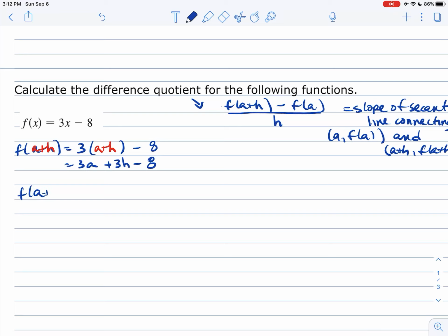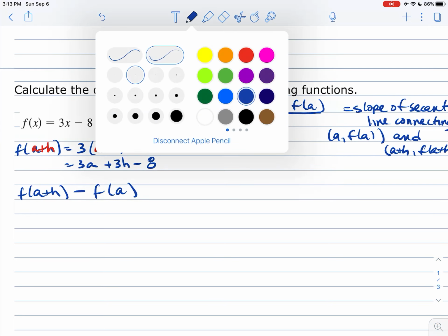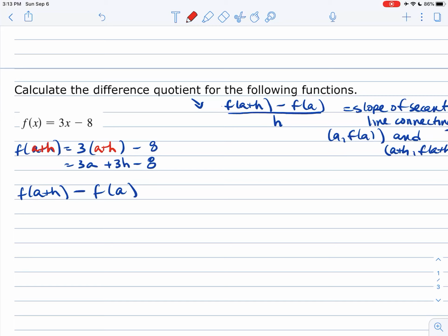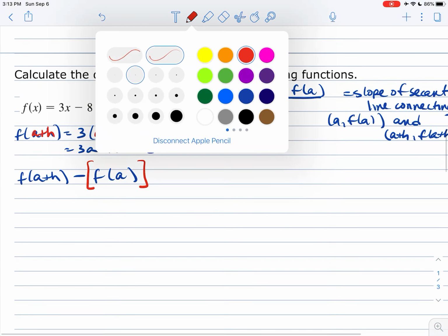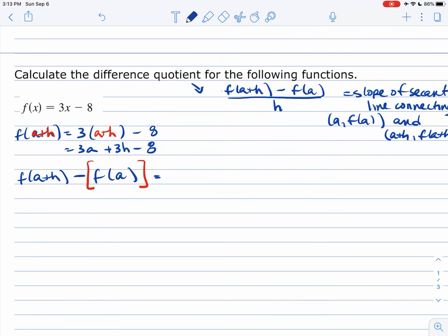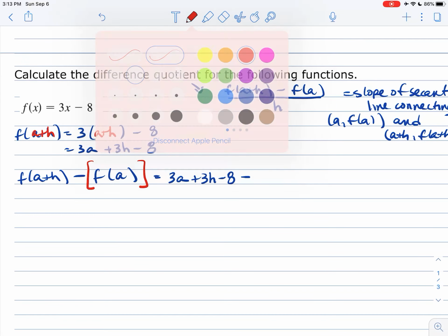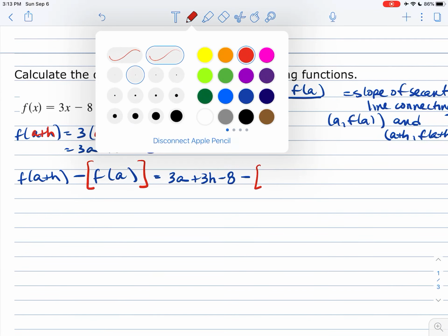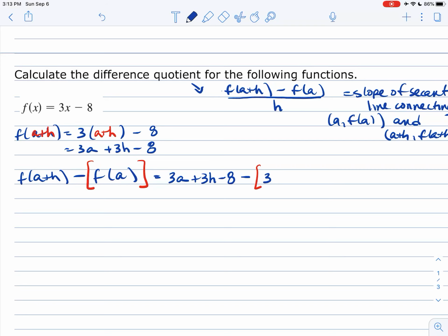Now we want to do baby steps and build our difference quotient, f of a plus h minus f of a, and in this case we want to be careful, since we have two terms, to subtract the entire function. So this is going to be, we have our f of a plus h before, which is 3a plus 3h minus 8, and now we want to take away f of a, and our function is 3x, or 3a minus 8.